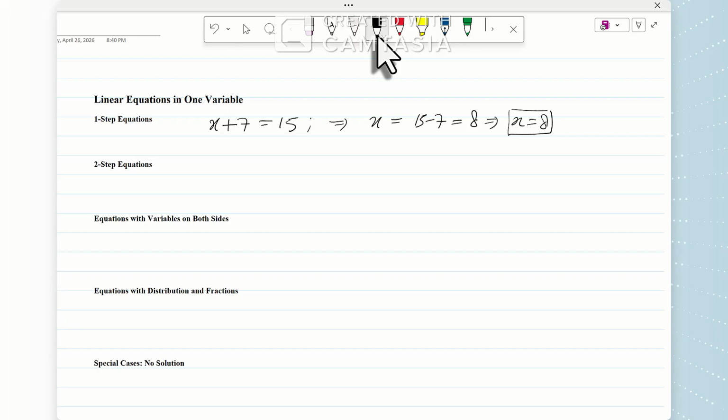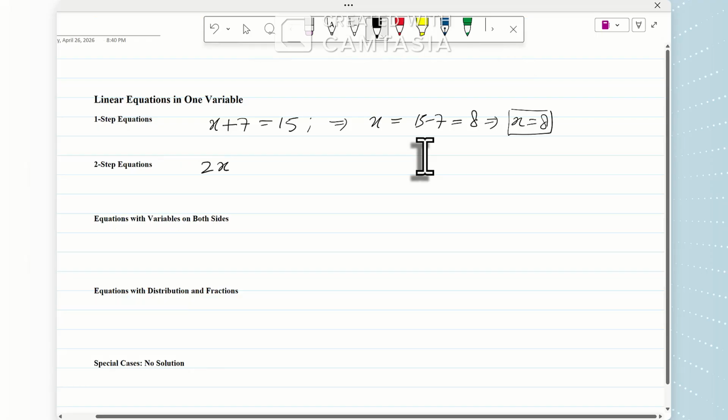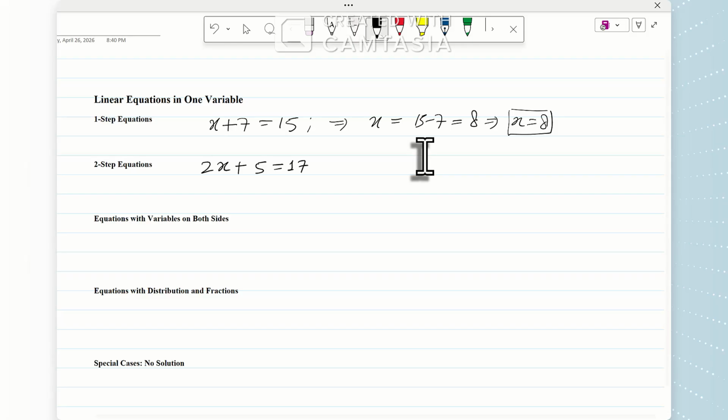Okay. Then sometimes a linear equation may need a couple of steps to solve for x. Okay. For example, you may have an equation of something like this. 2x plus 5 is equal to 17. So here you see that first you have to use addition or subtraction and then division.